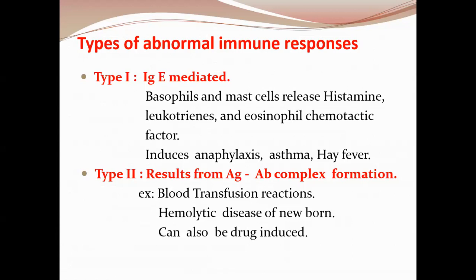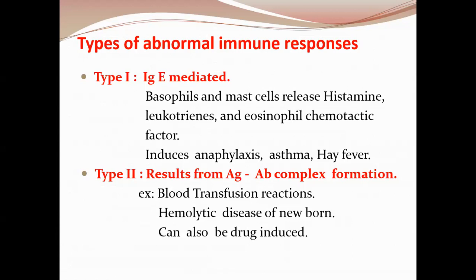Number two, the type 2 hypersensitivity reaction. It is mainly due to the formation of antigen-antibody complexes between a foreign antigen and immunoglobulin M or immunoglobulin G. The examples are, number one, blood transfusion reactions. What exactly happens in a blood transfusion reaction?